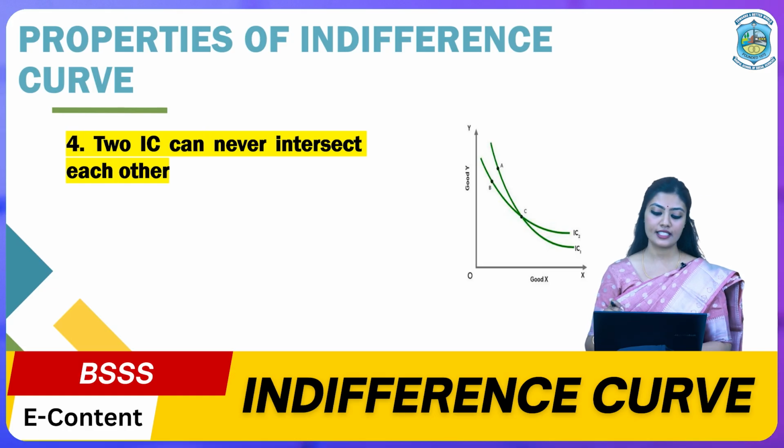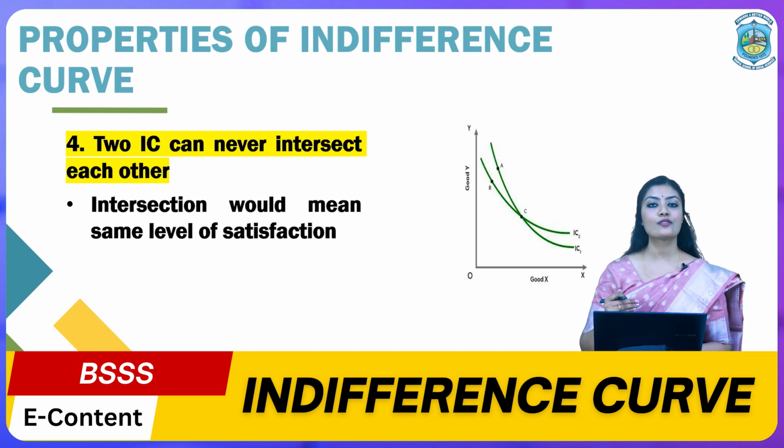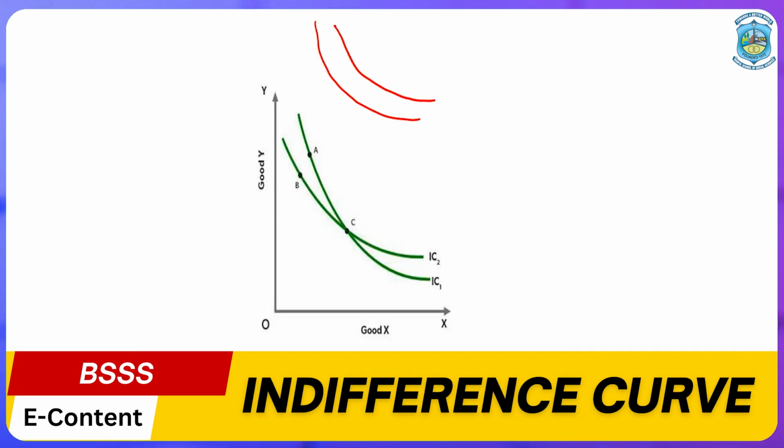The fourth property is that two indifference curves can never intersect each other. To understand this, let us revise what we discussed just now. We studied that higher is the indifference curve, higher will be the level of satisfaction. So, from this example, I can say that it is indifference curve 2 which will yield higher satisfaction.